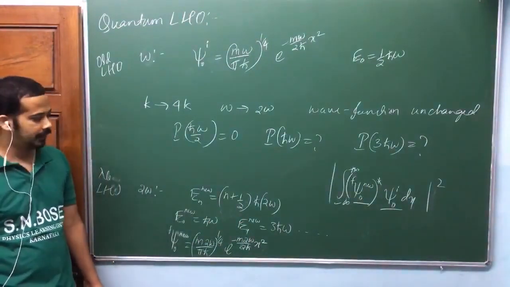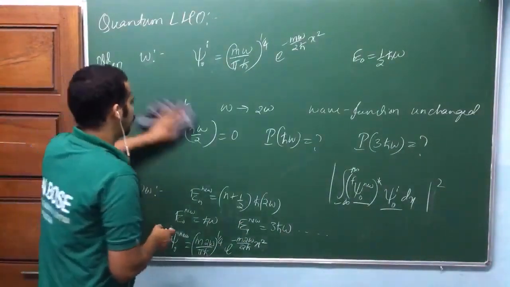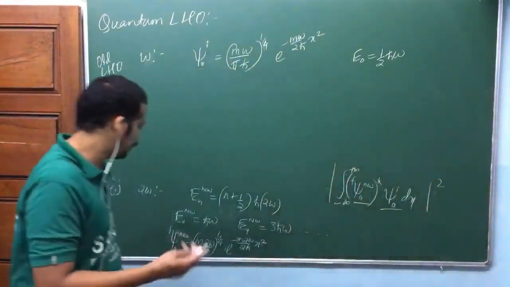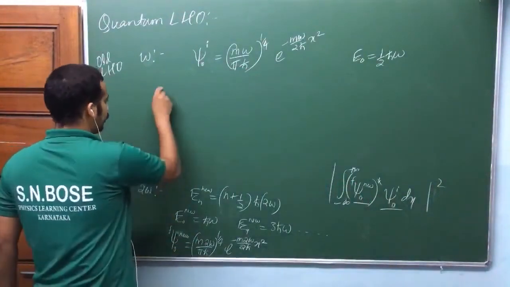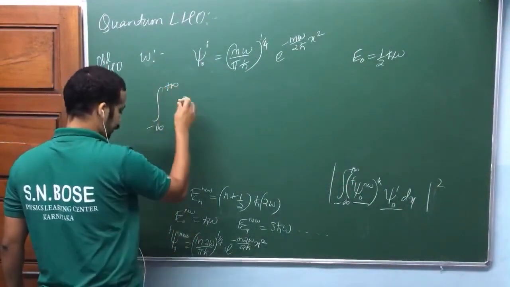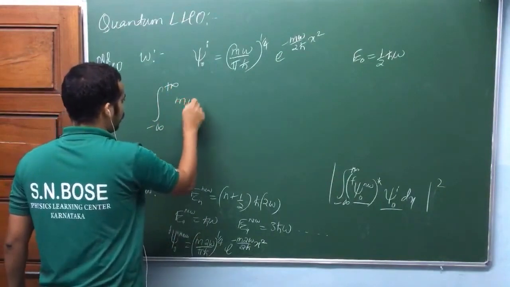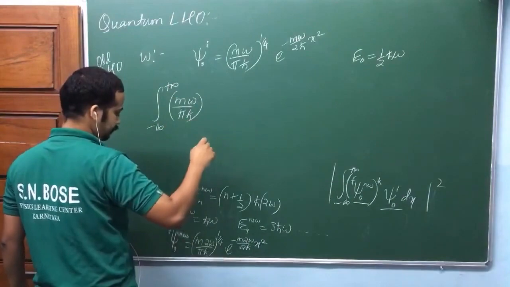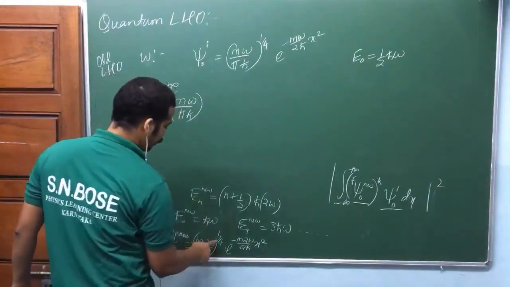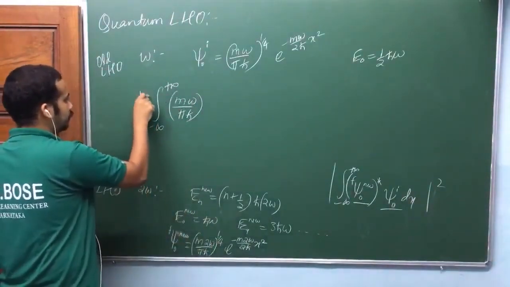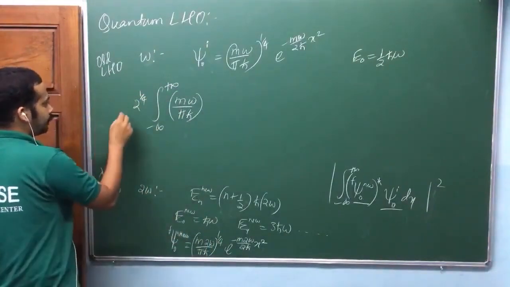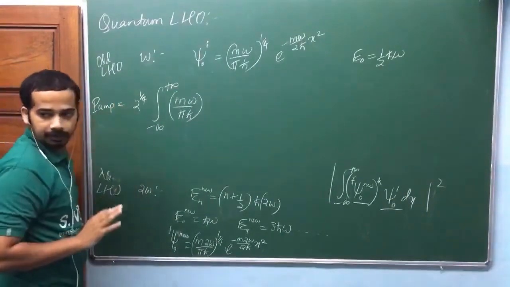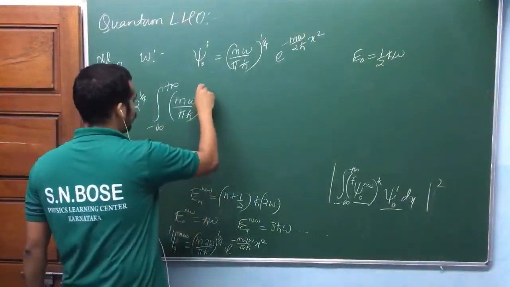Is that okay? Wait a second, let me do this integral because I felt we can explore some normalization condition. Let me check that out, okay? So integral minus infinity to plus infinity, m omega by pi h bar. Can I write 2 raised to 1 by 4 outside? This is the probability amplitude, not probability, okay? Raised to 1 by 2.